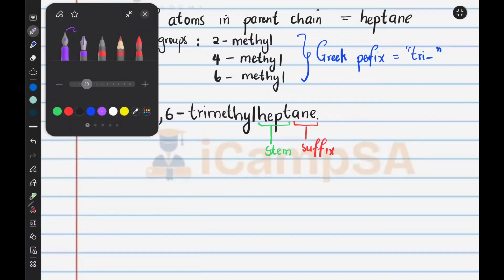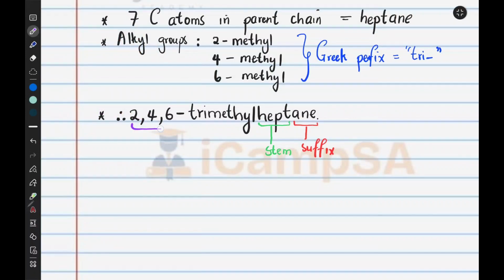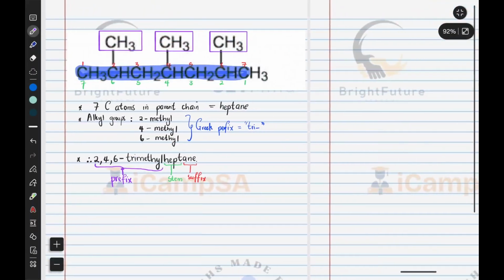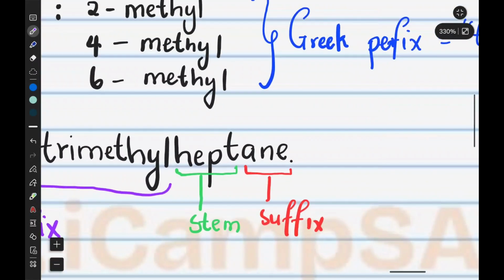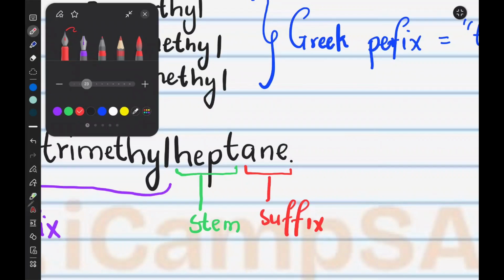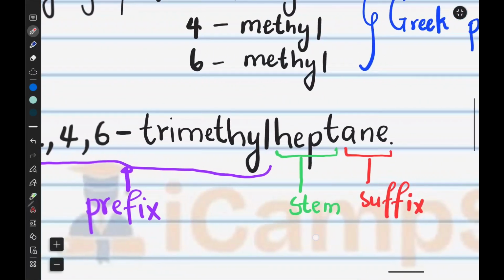And then this whole thing would be our prefix. Okay, so that's how branched alkanes get their names. It's unlike the simple alkanes where you just get the stem and the suffix. With the branched alkanes, you will also get the prefix as well.